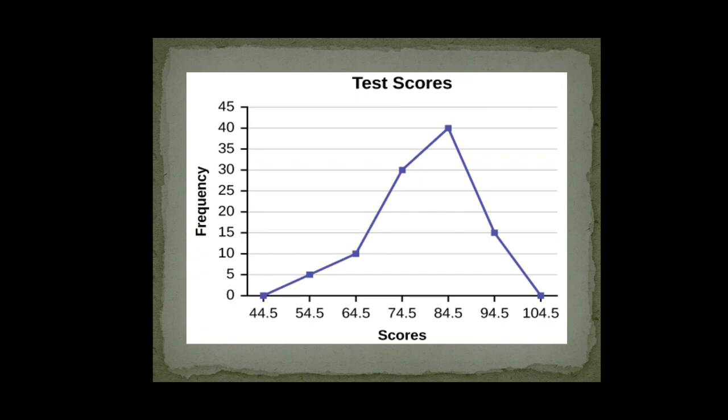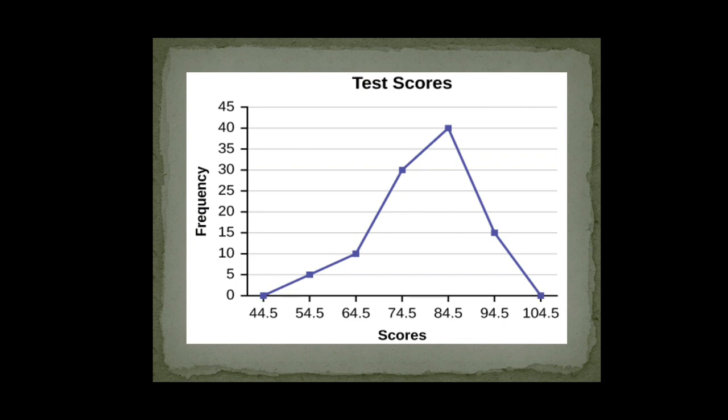Like in this figure here, the frequency polygon extends to 44.5 and 104.5 at zero frequency while touching the x-axis. These plotted pointers are used only to give a closed shape to the polygon.